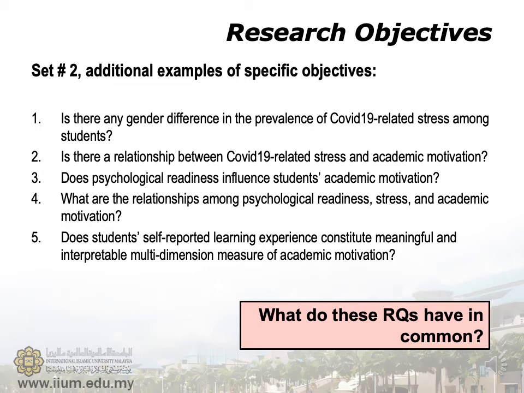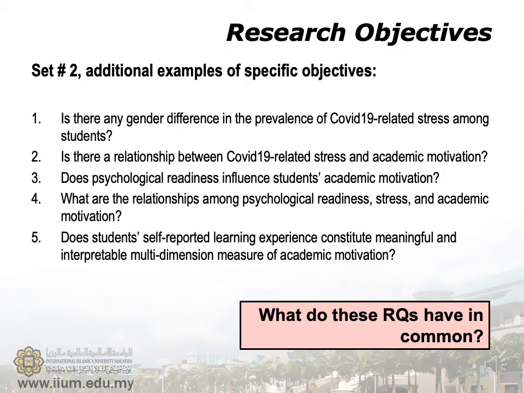Does psychological readiness influence students' academic motivation? 4. What are the relationships among psychological readiness, stress, and academic motivation? 5. Does students' self-reported learning experience constitute a meaningful and interpretable multidimension measure of academic motivation?